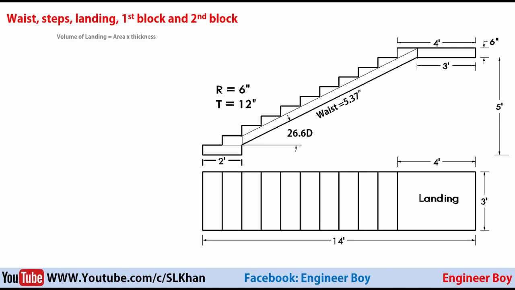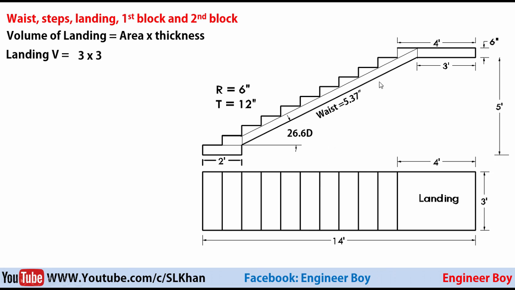Let's go ahead. The first thing I'm going to calculate is the volume of the landing, which is its area times its thickness. We multiply the breadth and width of the landing to get its area, then multiply it with the thickness. The top area is 3 times 3.